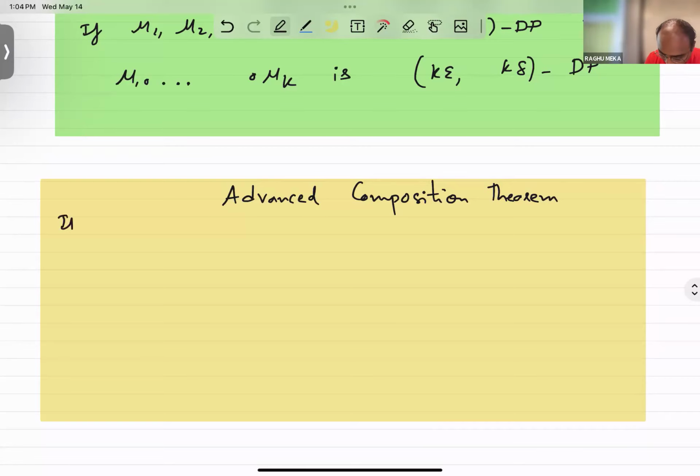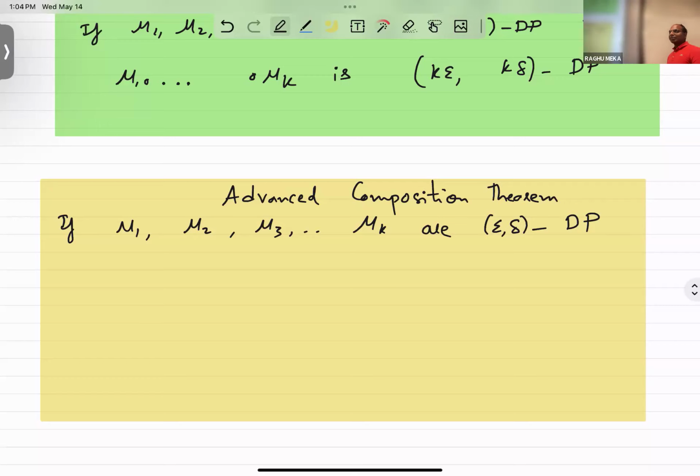And it says that if I have a sequence of mechanisms just as before, M1 up to Mk are epsilon comma delta differentially private, and these can be chosen adaptively, meaning I could first decide M1, I can look at the database and then decide what I do next and so on, then their composition is actually better behaved.